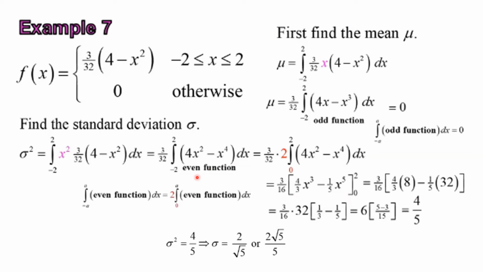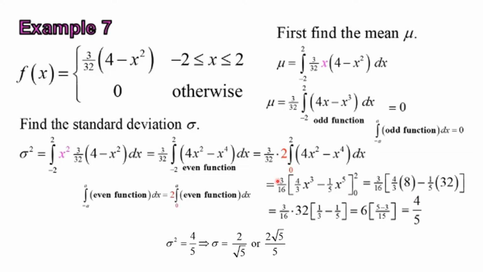Again, remembering some of our Calculus 1, we're integrating an even function because both of these exponents are even. When we integrate an even function from minus a to a, in this case from minus 2 to 2, that is twice the integral from 0 to 2. The reason that's convenient is because plugging in 0 is very easy after I integrate. So I'm using the fact that this is an even function to do this simplification of 2.